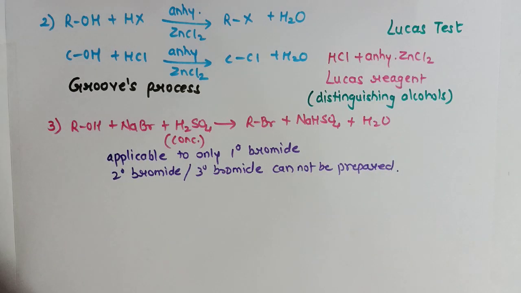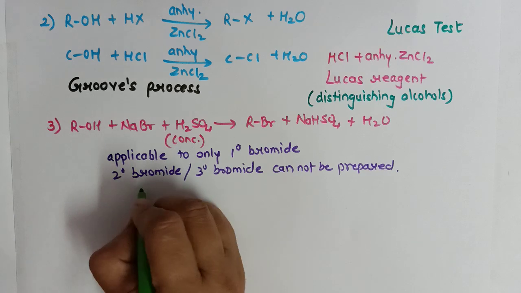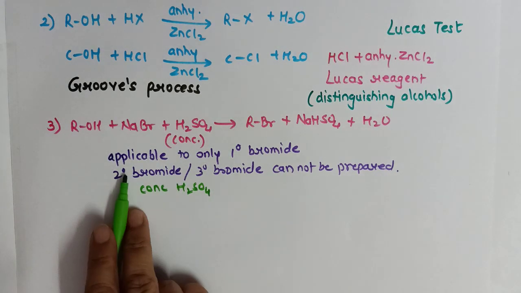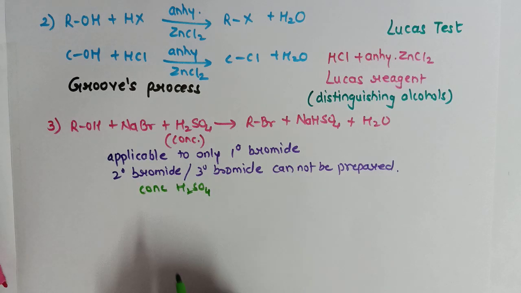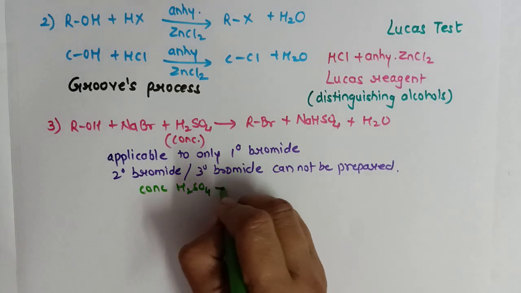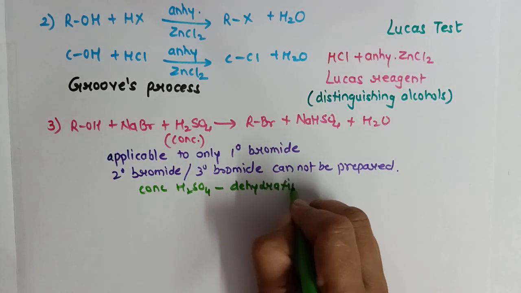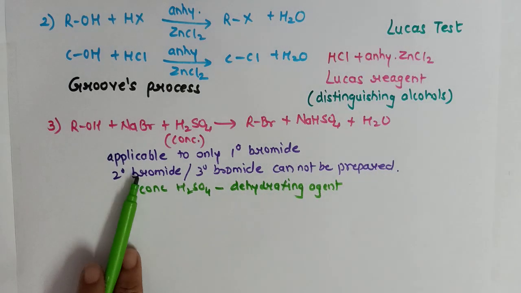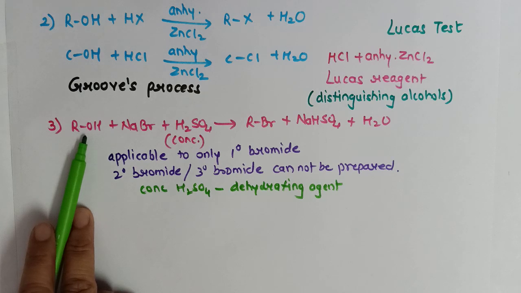Why? As you can see, we are using concentrated H2SO4. Now this concentrated H2SO4, in case of preparation of 2 degree bromide, 3 degree bromide, or even in case of iodide, acts as a dehydrating agent. For preparing 2 degree bromide or 3 degree bromide, we will require 2 degree alcohol or 3 degree alcohol.